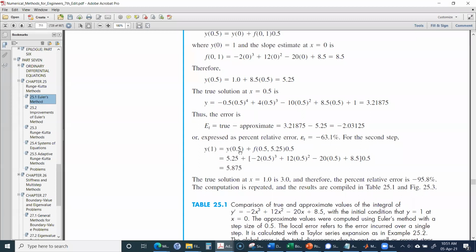So in the second step, we will use this predicted value of y in this formula, and then we will get the value of the function from this predicted value of x and y. Okay, and then we will get the further answer over here. So in this case, we will get 5.875, and the true solution is about 3 over here. In this case, the true percentage error will be 95.8%.